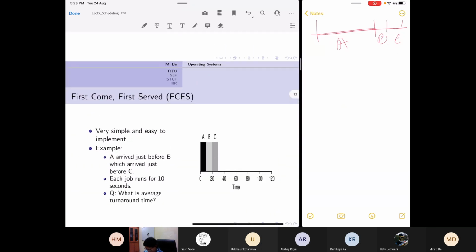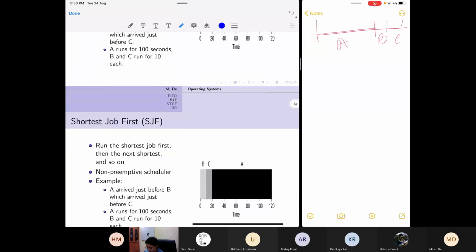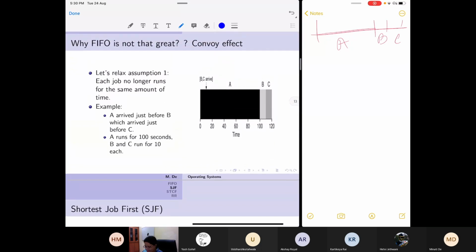Now, if you want to construct that, let us lift another assumption. I'm just removing another assumption. We said that all jobs arrived at the same time. Let us remove that assumption. If all the jobs are arriving at the same time, then maybe shortest job first is actually performing very nicely.